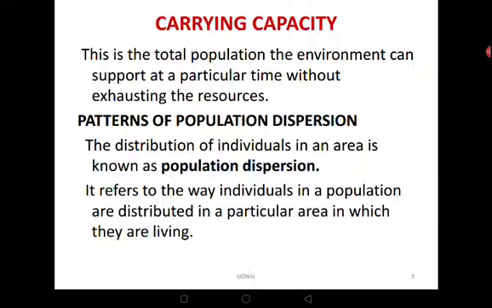In some places there are very many individuals, in other places there are few. That is what we call patterns of population dispersion. How organisms are distributed in a given area is what we call population dispersion. It refers to the way individuals in a population are distributed in a particular area in which they are living.